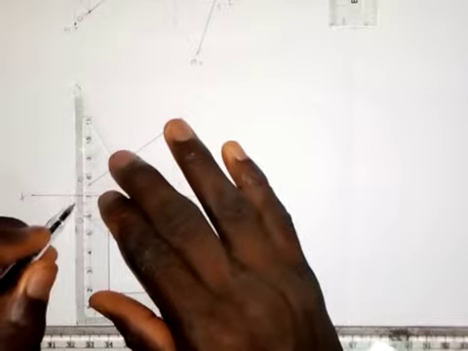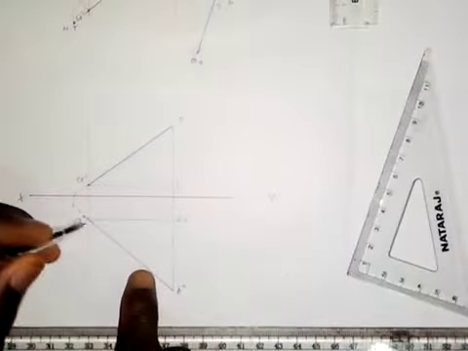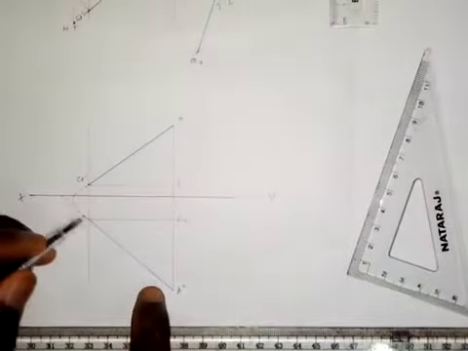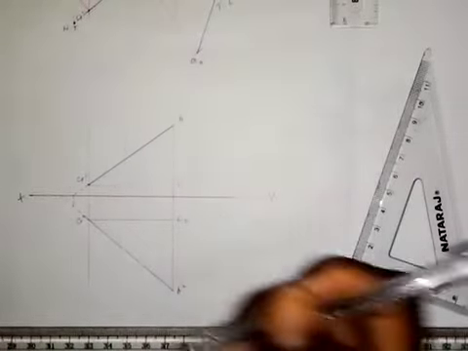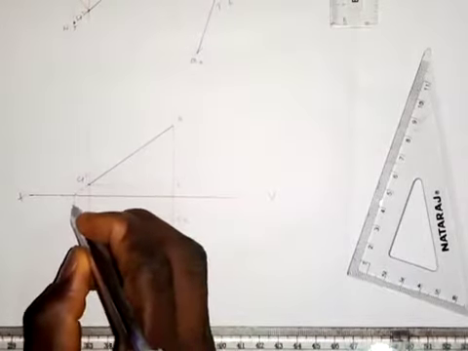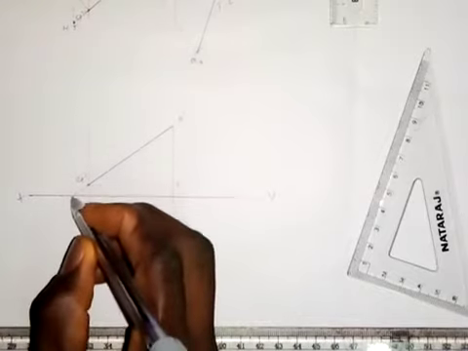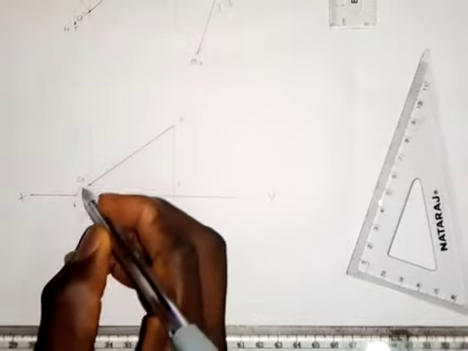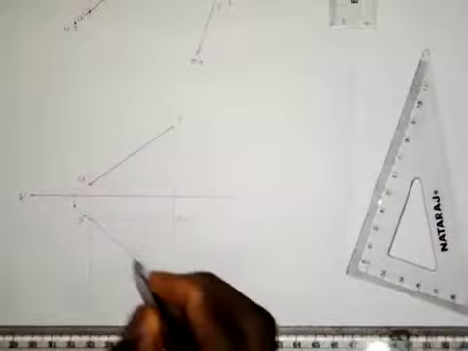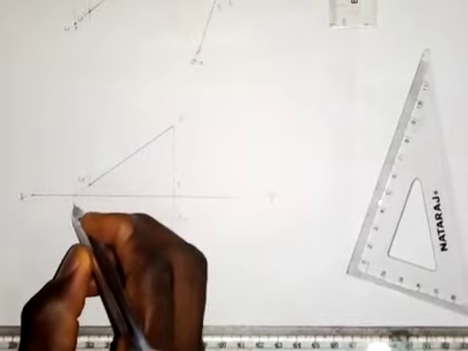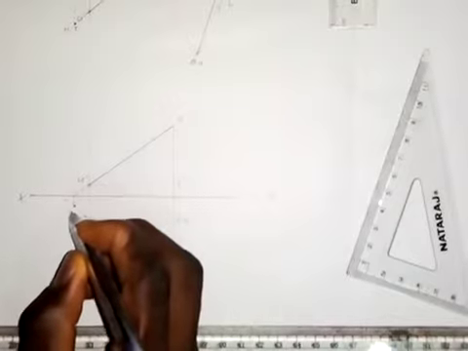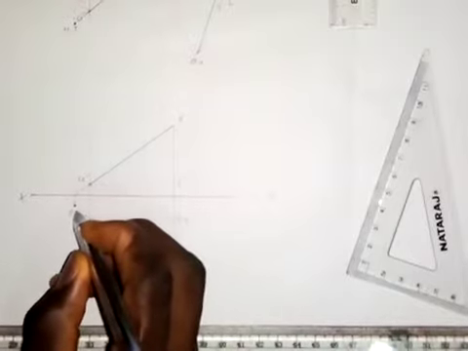This vertical line touches the extension of the plan at this point. So this point, where this vertical line that we produce down from the extension of the front elevation intersects the extension of the plan, is our horizontal trace. So this is the horizontal trace.